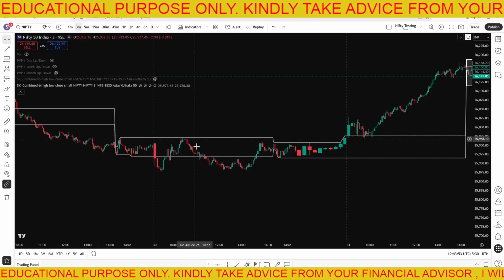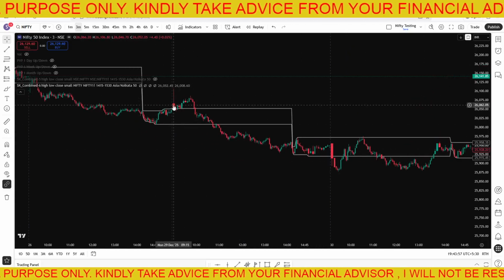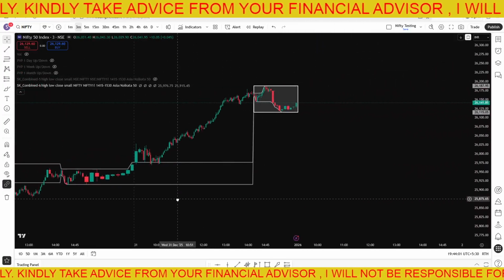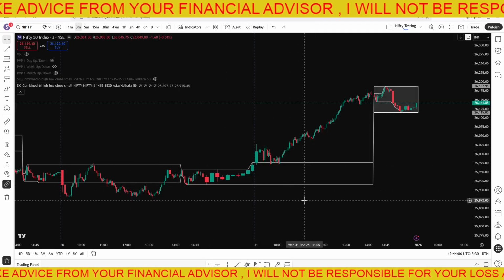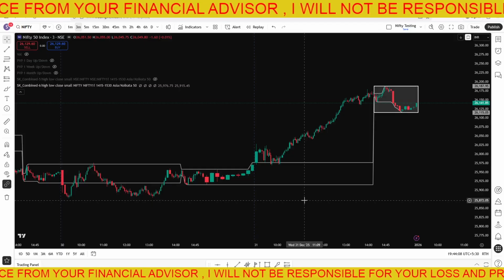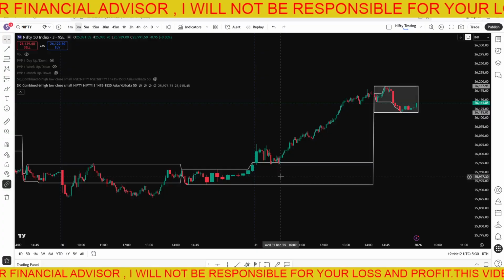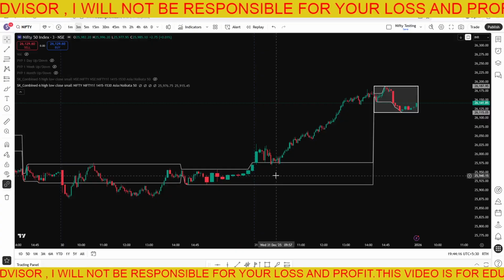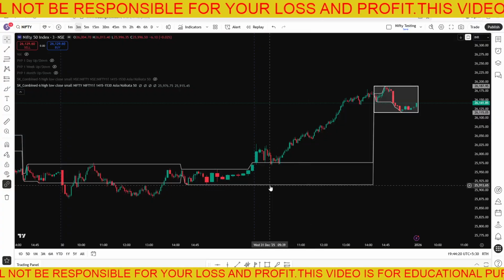Here it went below, in this zone, tested and came from here and tested. So the bias we can take from this, if the price is above this, or we can take it as support and resistance as well sometimes. So the second component is these smart money positions.